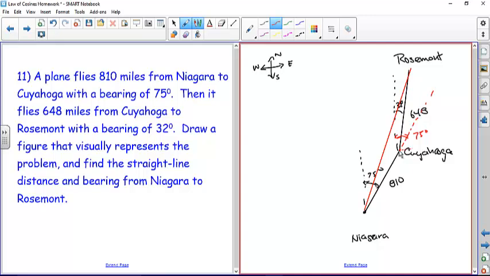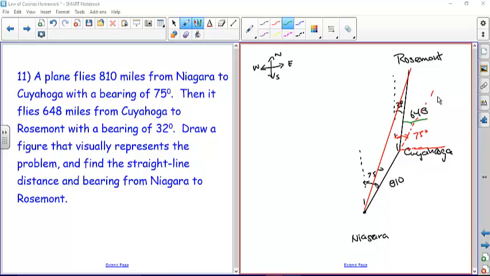Well, one thing is, if we drew a horizontal line here, and this is a vertical line, this is 75 degrees. Okay, if this is 75 and this is 32, then this angle here is the difference between the two.